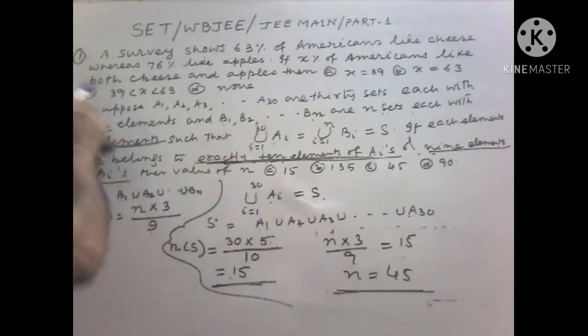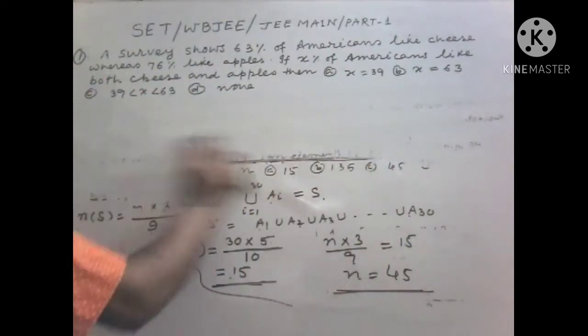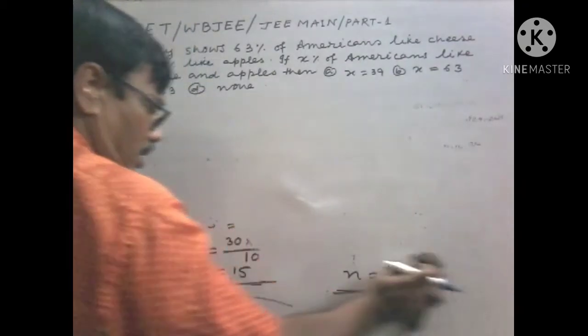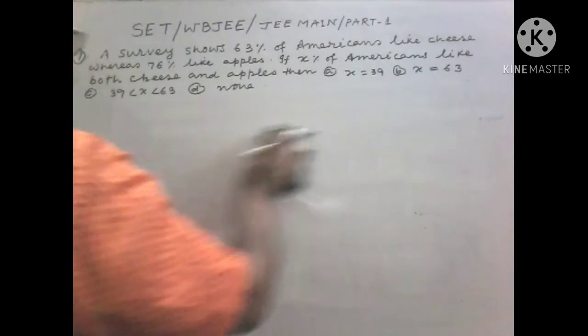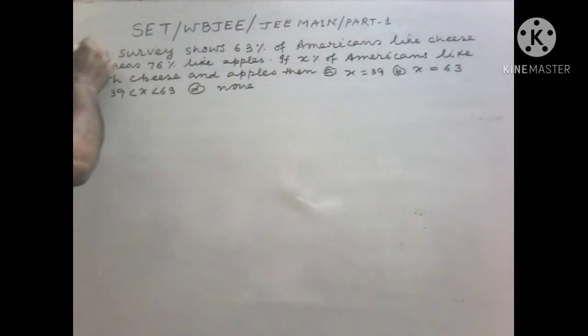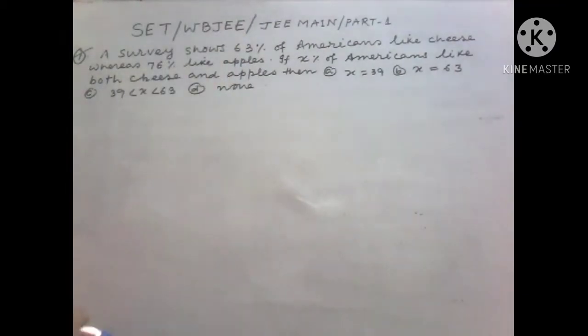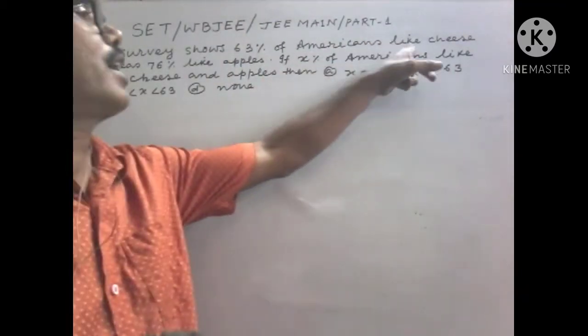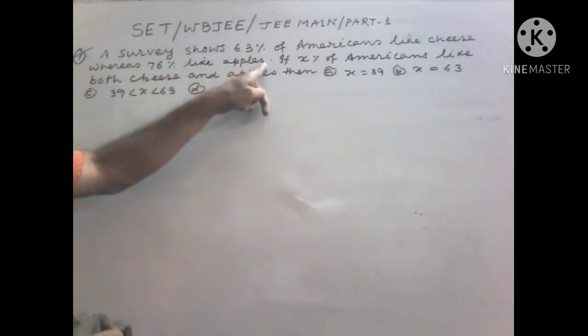Now we consider problem number 1. A survey shows 63% of Americans like cheese, whereas 76% like apples.